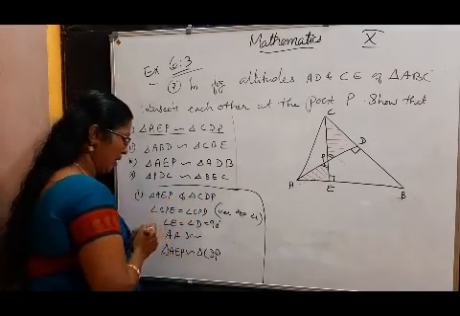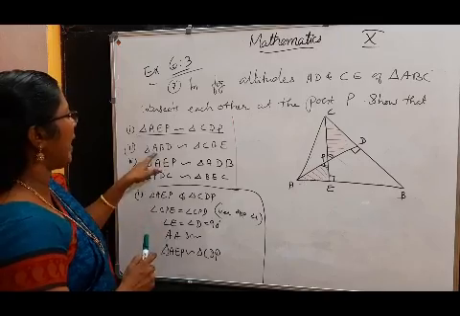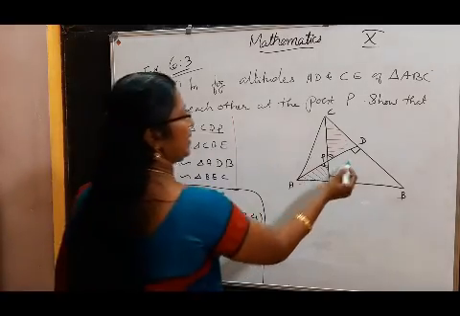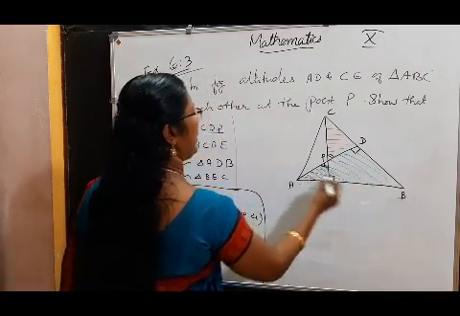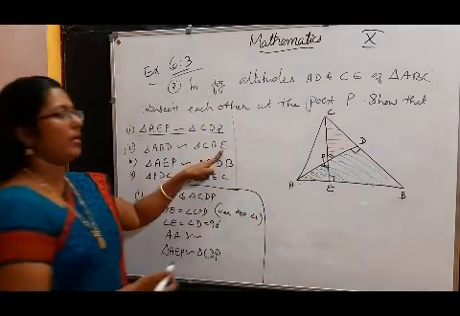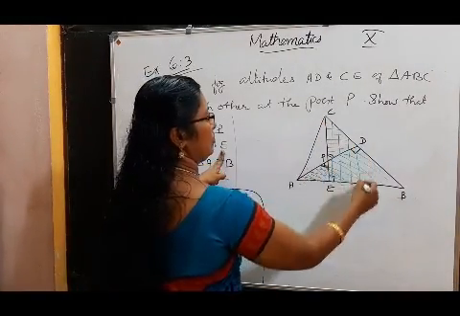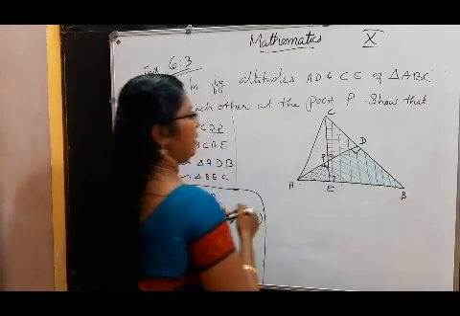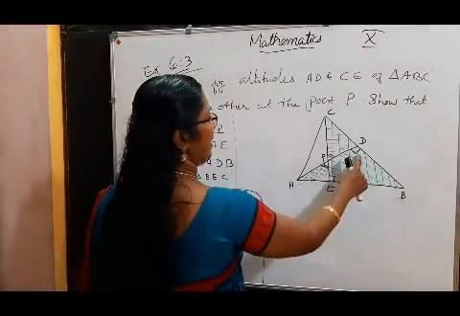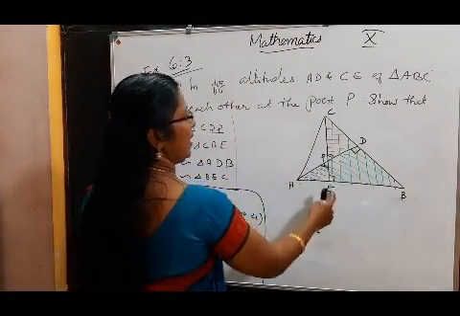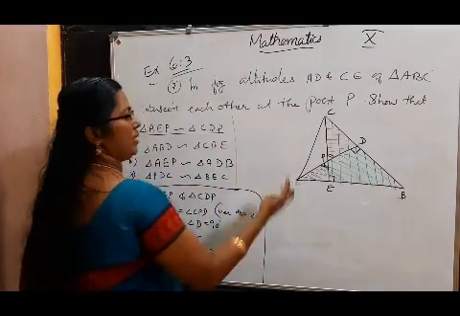Then the next one. What about the next triangles? Triangle ABD, this triangle, and triangle CBE, this one. In ABD, angle D is 90 degrees; in CBE, angle E is 90 degrees, and angle B is common, isn't it?